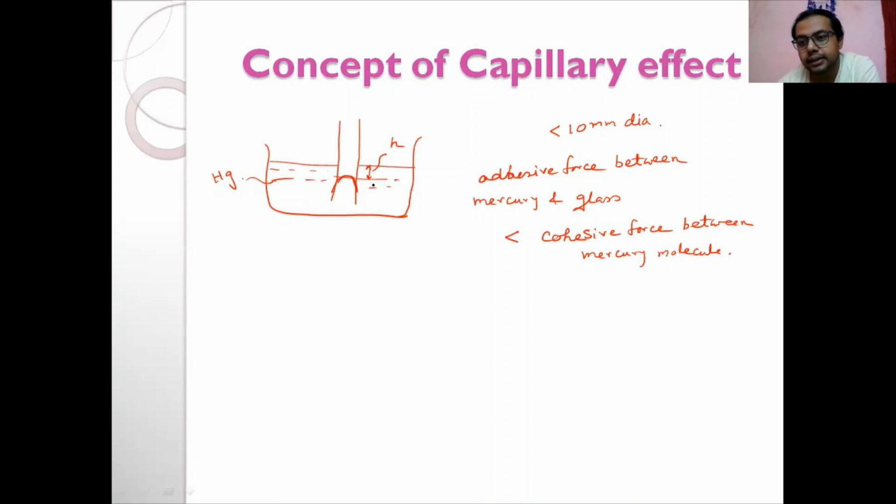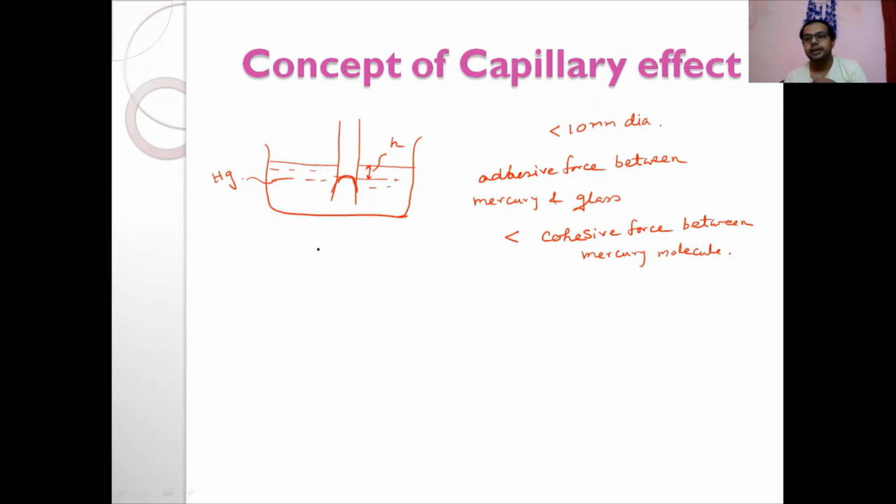So whether it is capillary rise or capillary depression depends on the adhesive force and cohesive force. Whenever the adhesive force between the liquid and the solid surface is more than the cohesive force, there must be a rise.